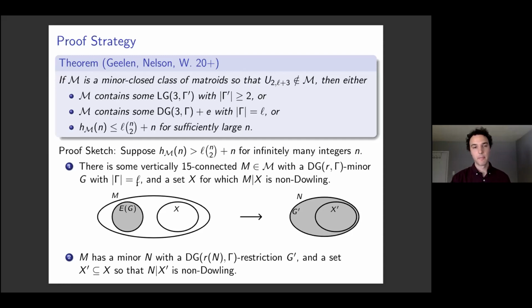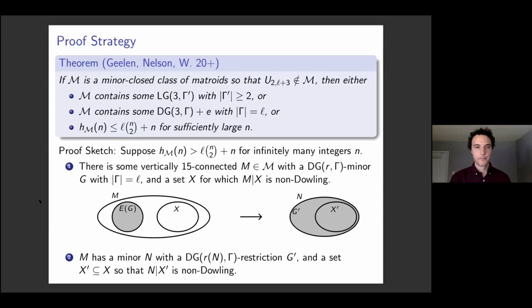Because if the ground set of G and X were, say, in different connected components of M, then we would have no hope of contracting them together. So in the first step, we exploit this density assumption to find some structure, and in the second step, we exploit this connectivity to push these structures together.